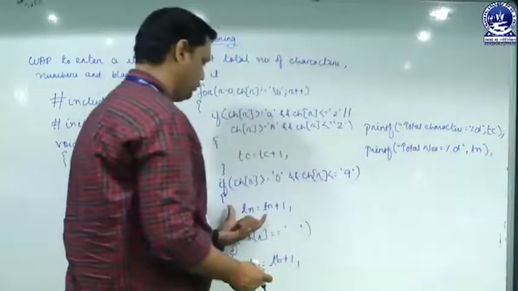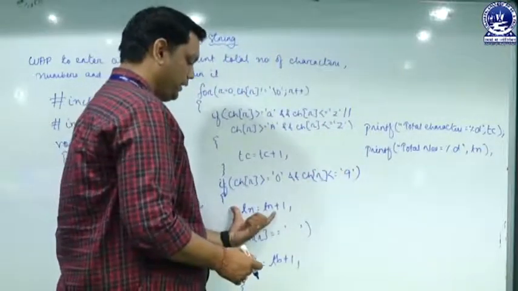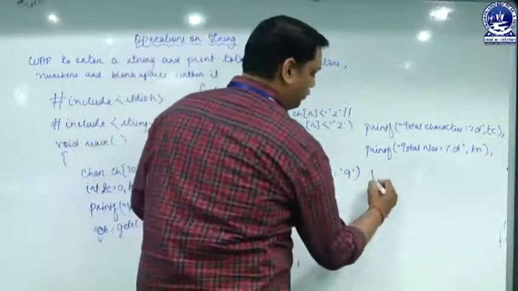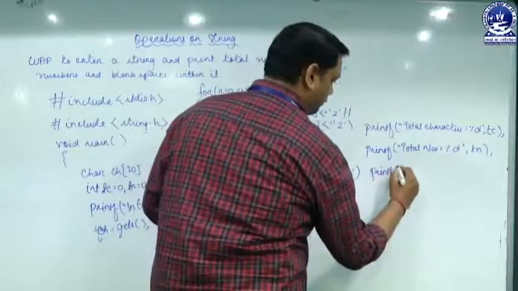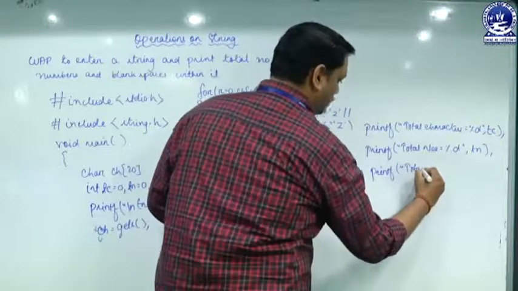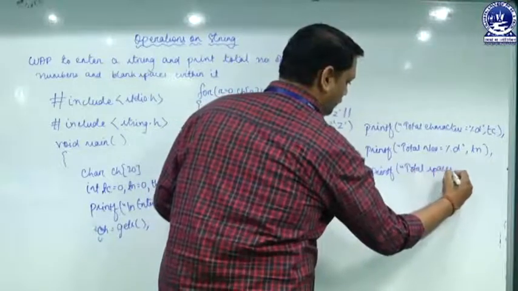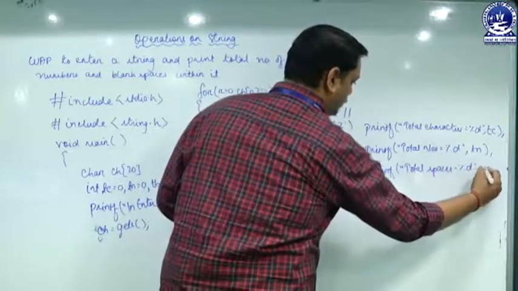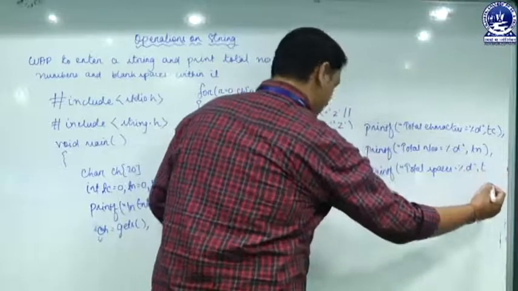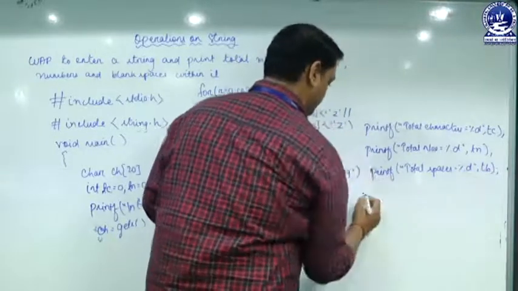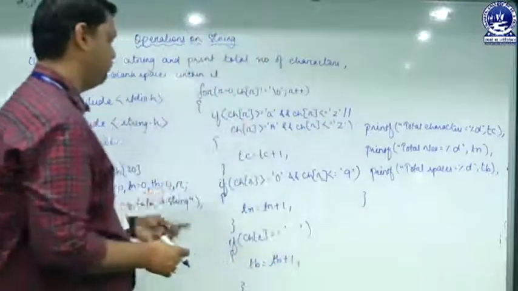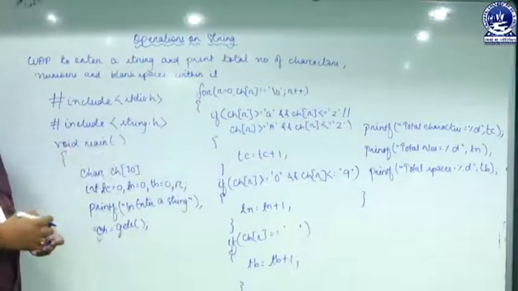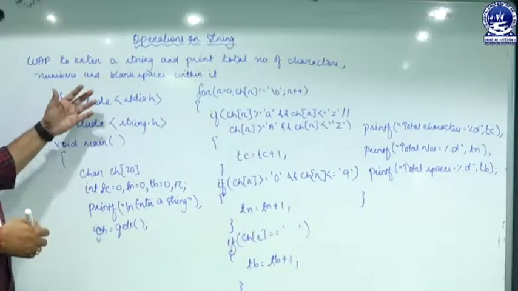That means the total number will be printed from Tn. Now printf total spaces equal to %d, TB. Then the main loop will come to an end. So in this way we can solve it.